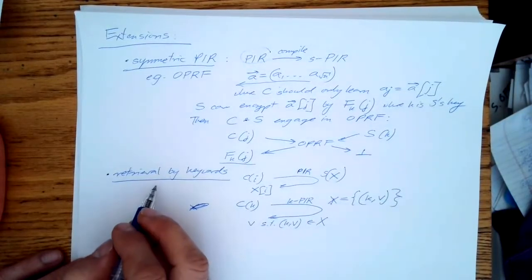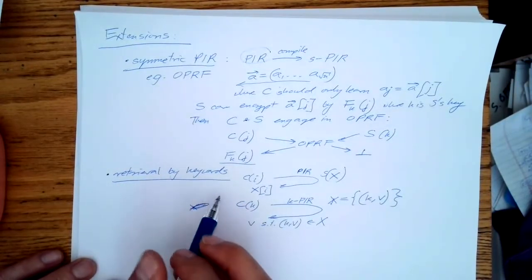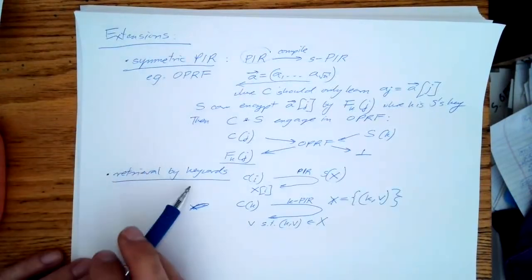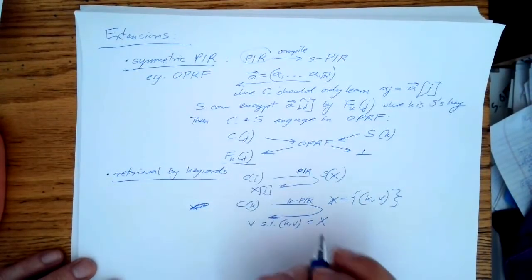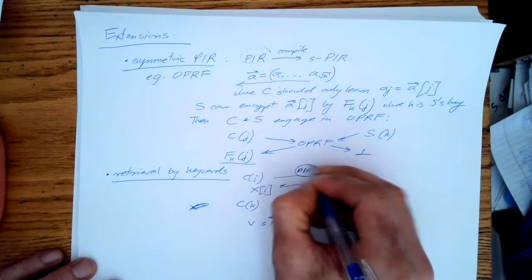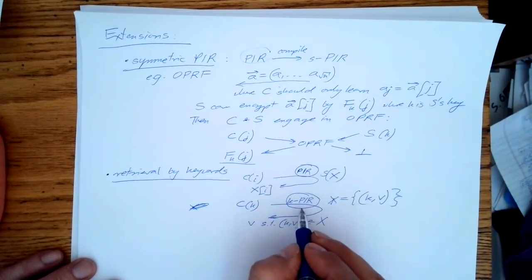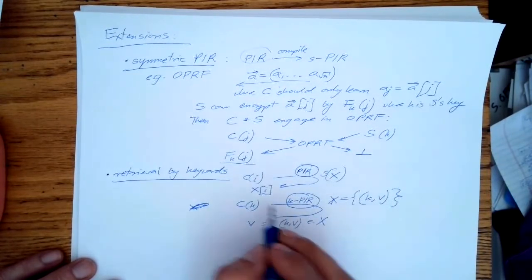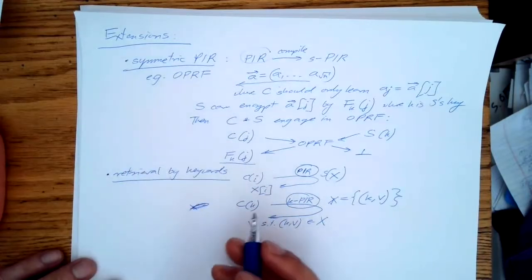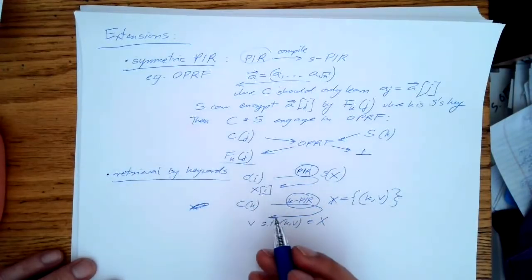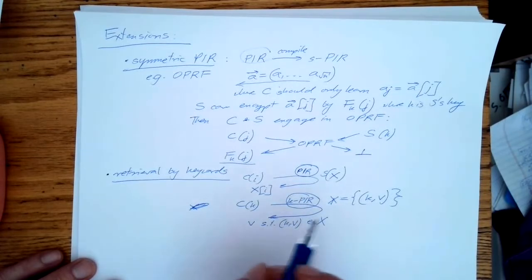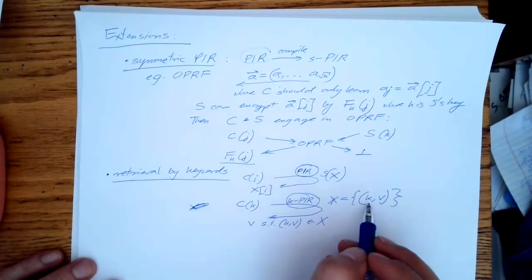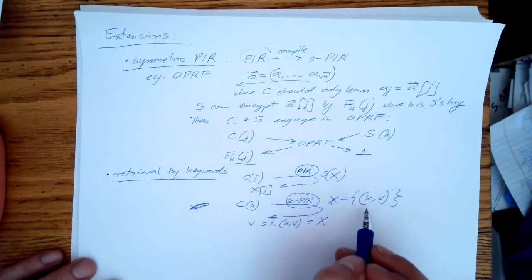Can you do a general compiler that takes a symmetric PIR and creates a keyword PIR? Or perhaps you take these solutions, which so far are really one solution, and try to extend them, force them to work in this regime to begin with.